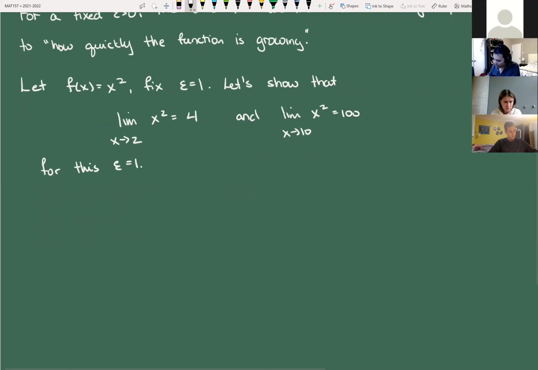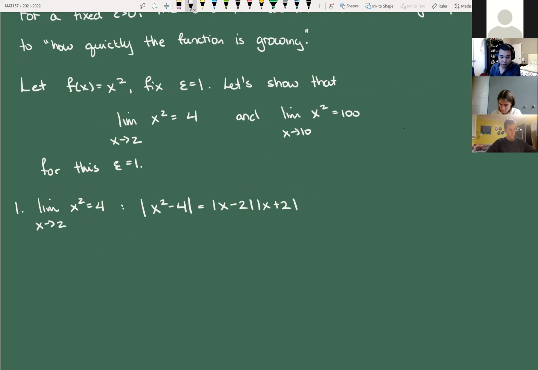So I'm just going to grind out the proofs very quickly. For the limit, it's not even a proof because it's actually for a fixed epsilon, right? So we're going to say, well, x squared minus 4 is x minus 2 times x plus 2. You've all done this a million times, right? The x minus 2 is the good thing. That's the thing I want to keep. I want to bound the x plus 2. So let's assume x minus 2 is less than 1 in the usual sense, right?